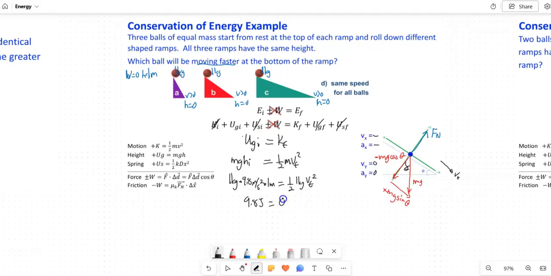This is going to be 0.5 kilograms times V final squared. 9.8 joules divided by 0.5 kilograms is V final squared. Now we're going to square root both sides.